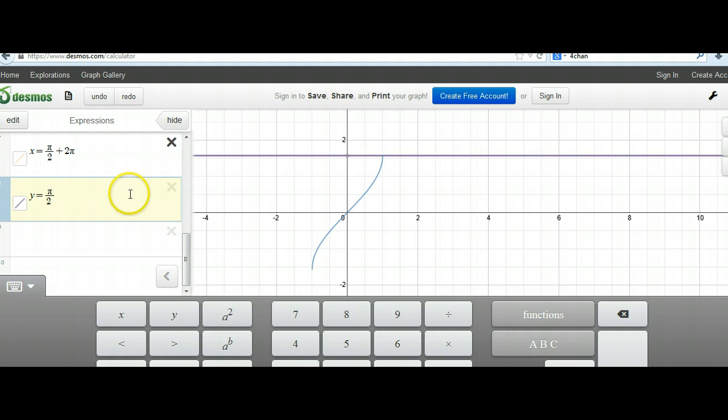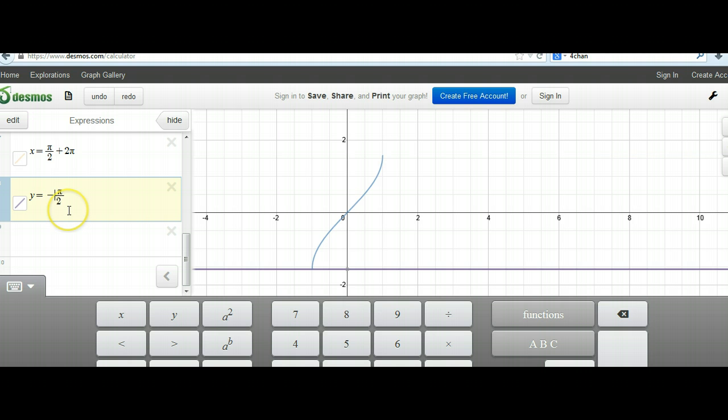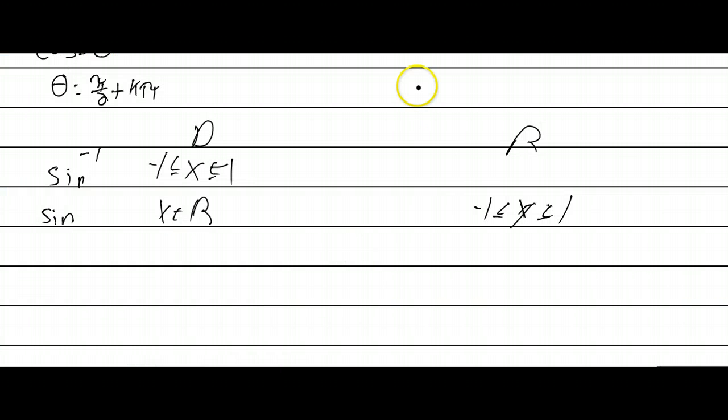Yeah, at pi over 2, and then also sine is negative 1 at negative pi over 2. Okay, so now our range for this one is going to be negative pi over 2 to pi over 2.